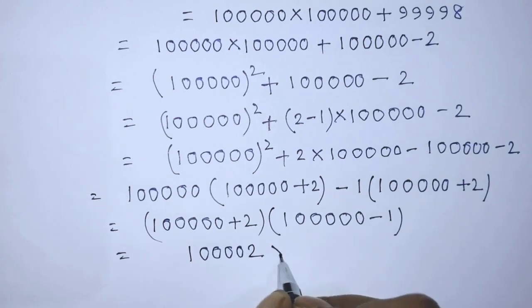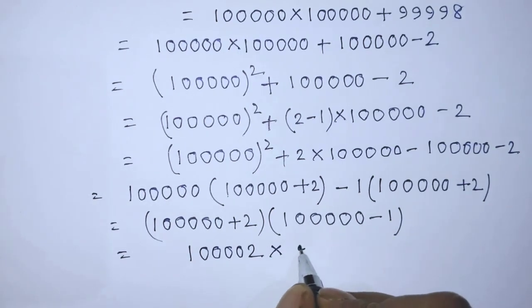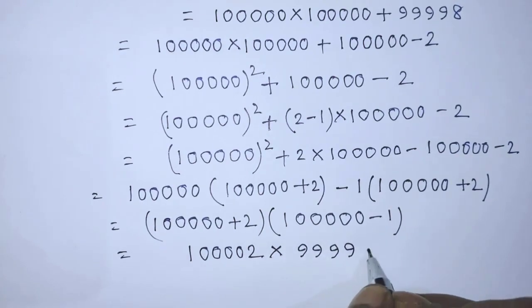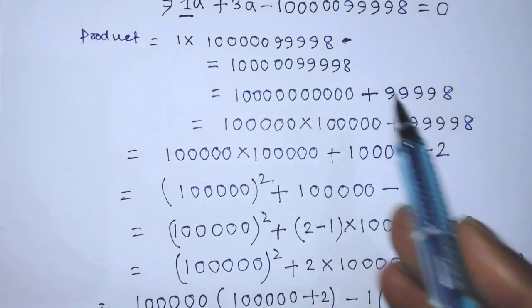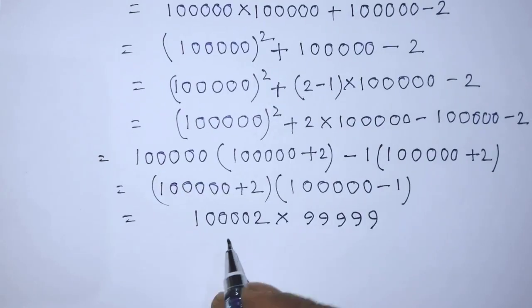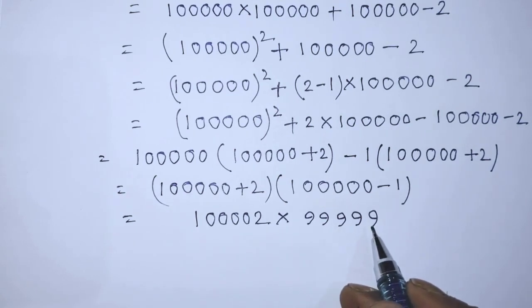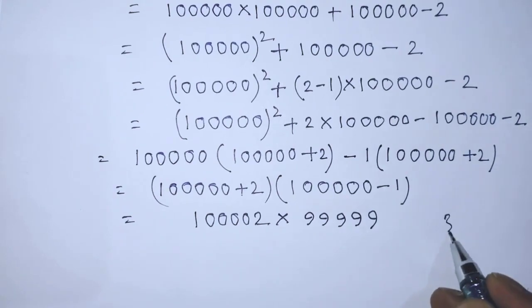Times 1 lakh minus 1, that is 99,999. The factors of this number are 1 lakh 2 and 99,999. If you subtract both numbers, you get 3.